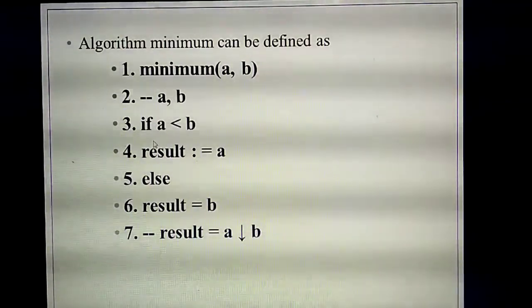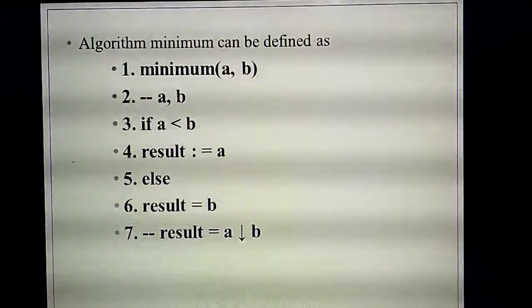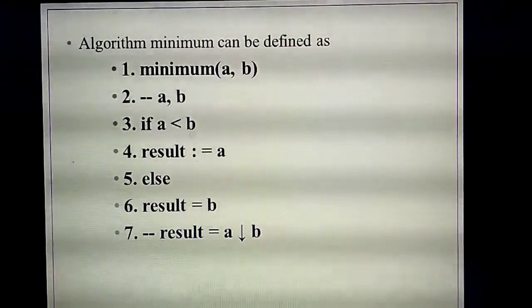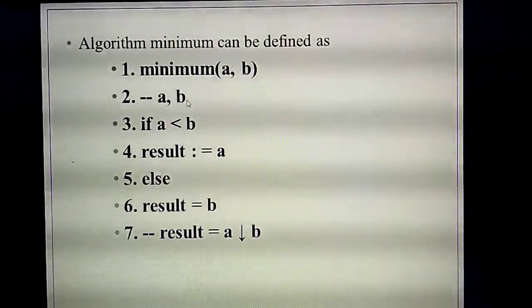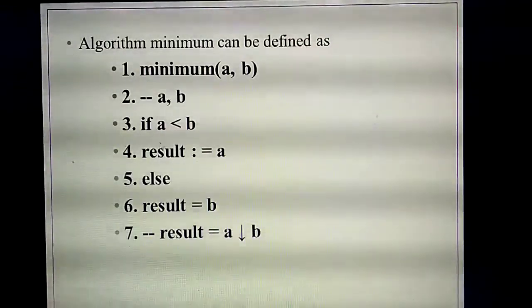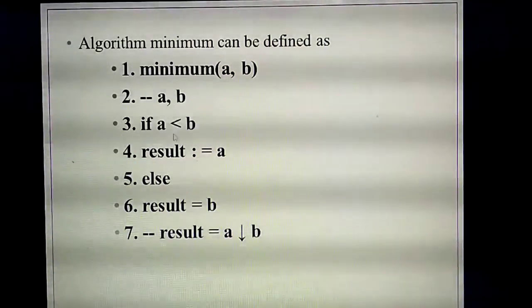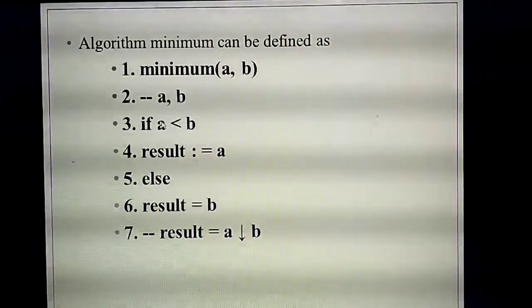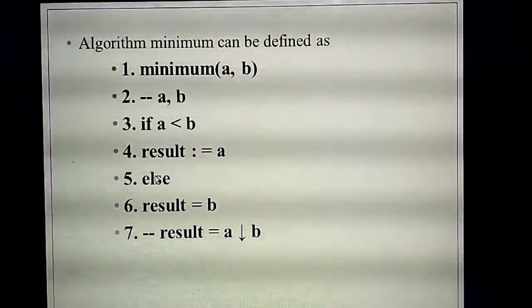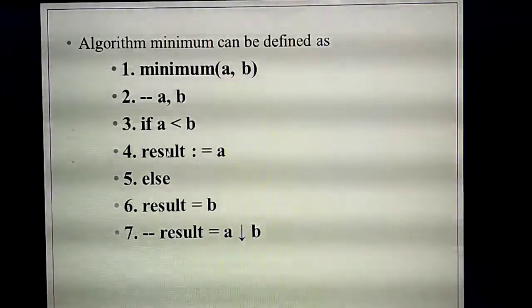They are giving the condition using the keyword if. If A less than B, this is the condition. That means if the value A is lesser than B, the answer, which is the smallest number, is A. So the value A is stored in which variable? Result. Already we have studied, the answer you need to store in the variable result.